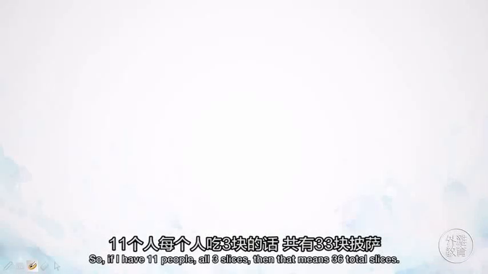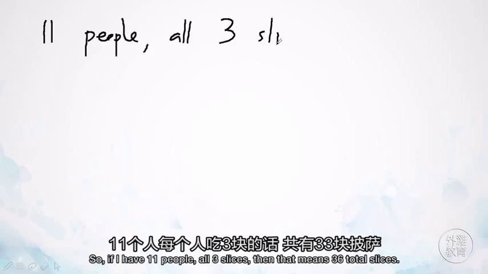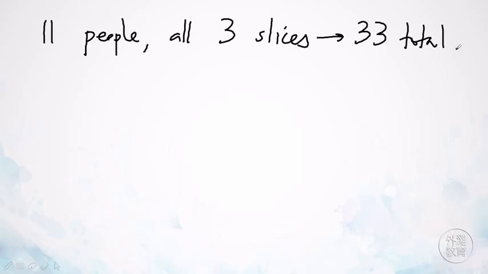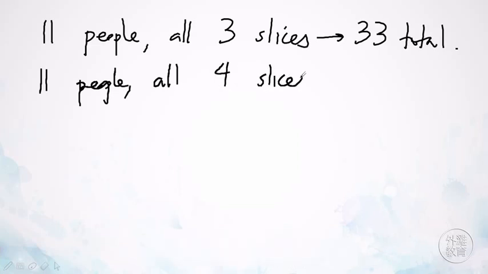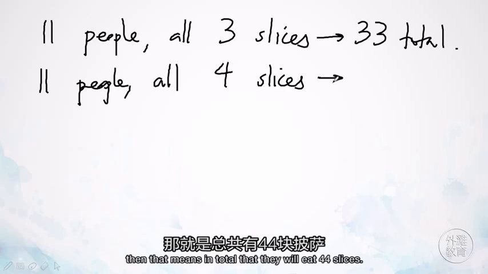So, if I have 11 people, all eating 3 slices, then that means 33 total slices. On the other hand, if I have 11 people, all eating 4 slices, then that means in total that they will eat 44 slices.